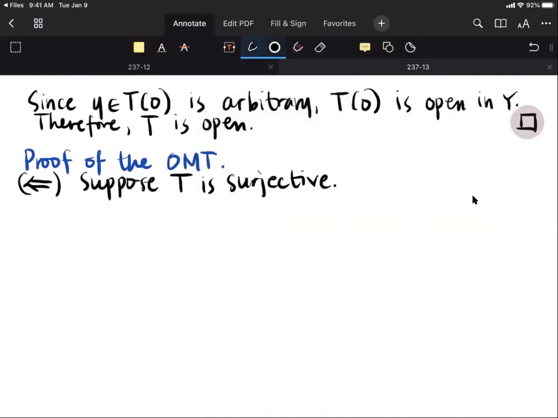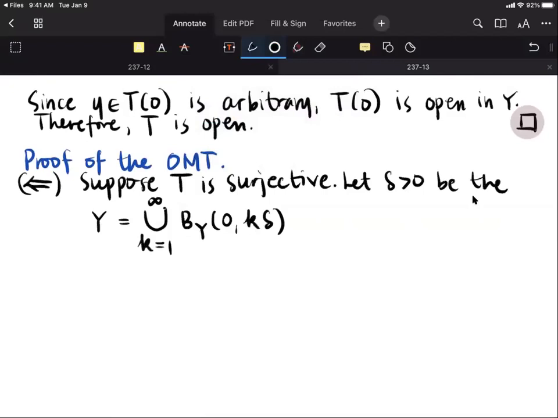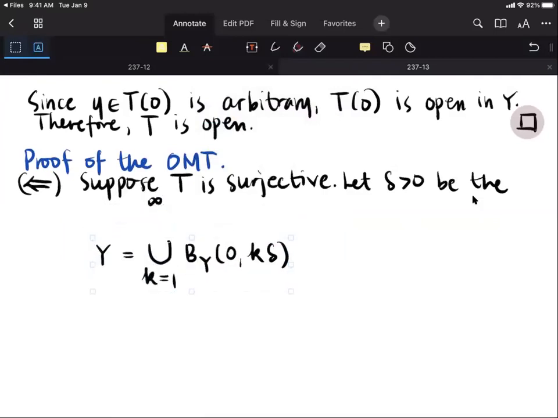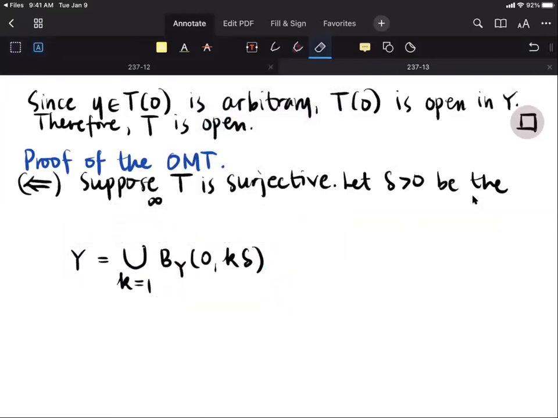Okay, so this part is the straightforward part, since Y can be written as this one, where delta be the number in the previous lemma.